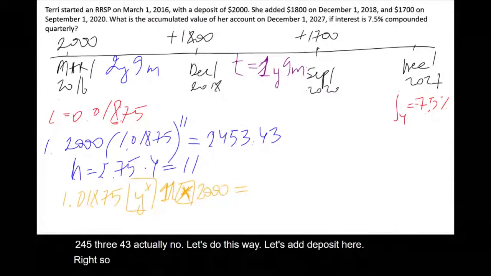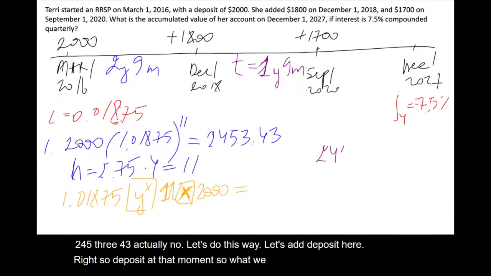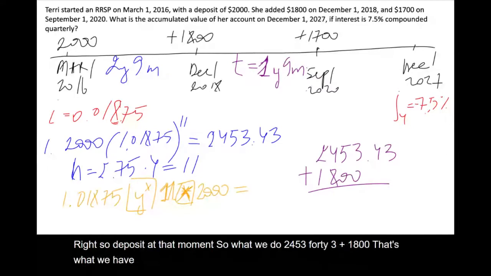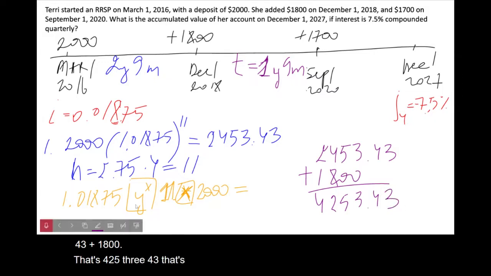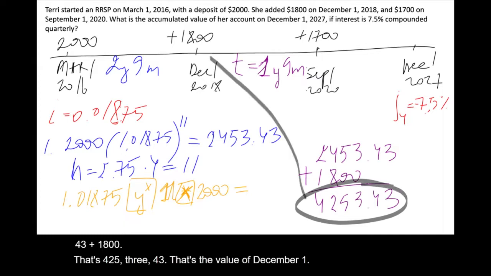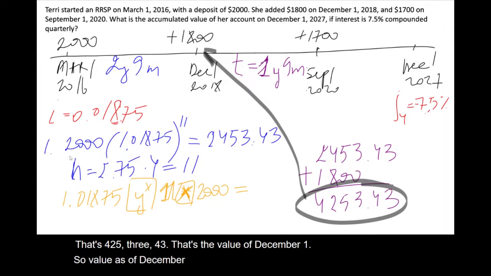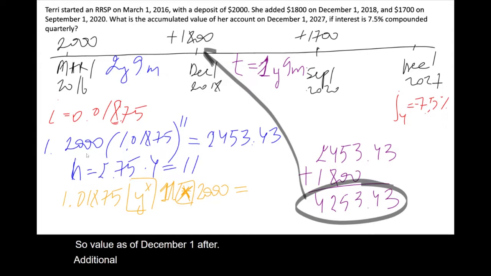So deposit at that moment. 2,453.43 plus 1800. That's 4,253.43. That's the value as of December 1 after the additional deposit of 1800.